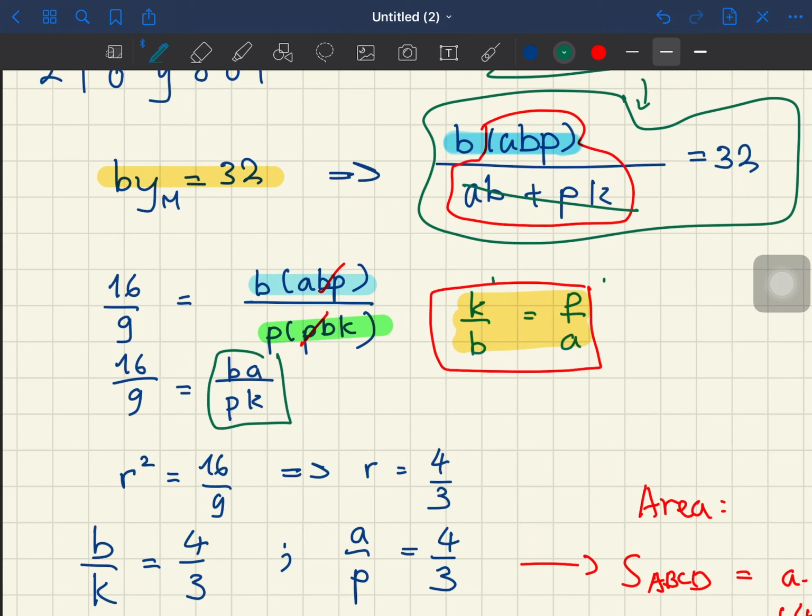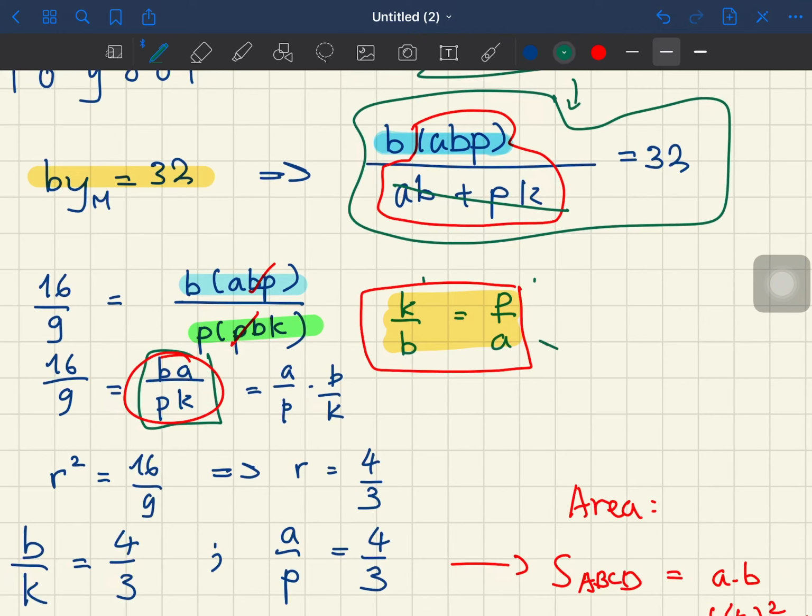So if you try to separate this fraction, you will get, actually it's just a product of, in this case, AP times BK. And using this yellow thingy here, we can just manipulate it into B over K equals to A over P. Yeah, this is also correct.